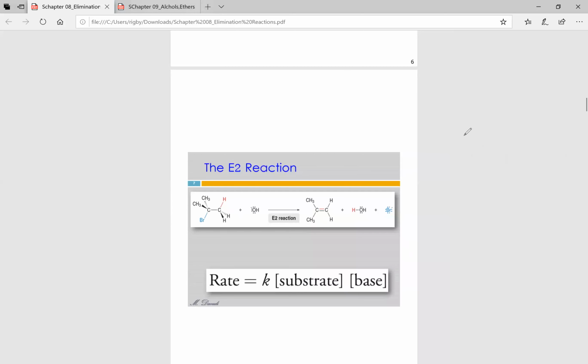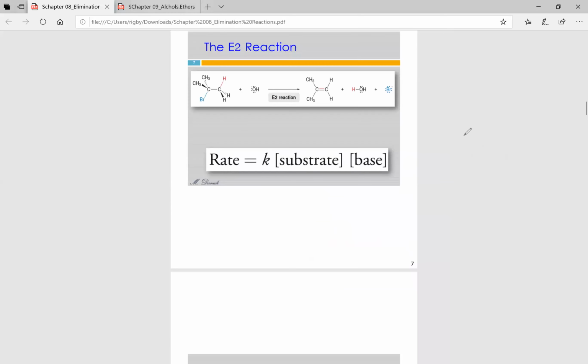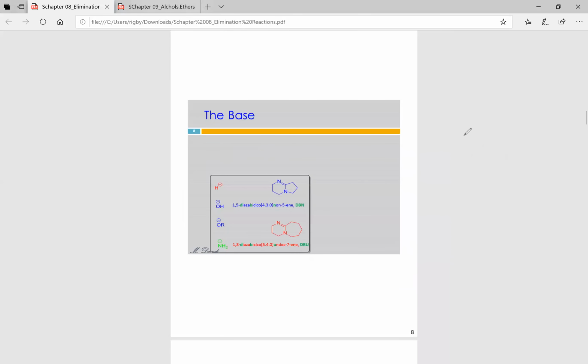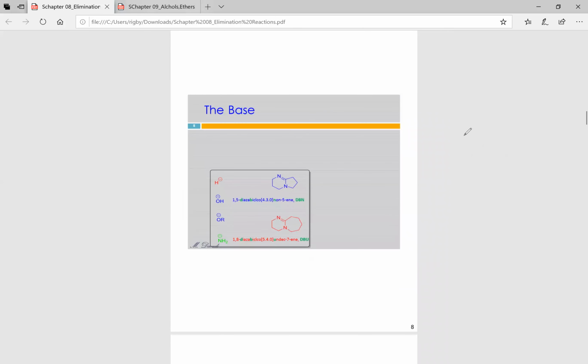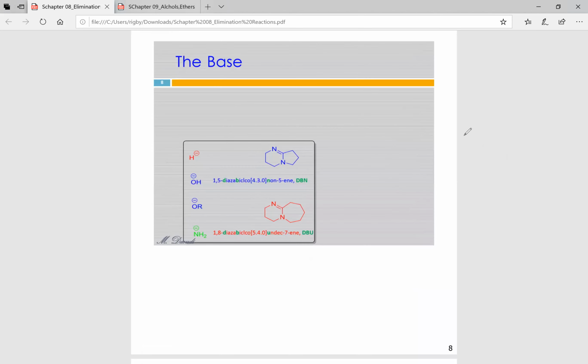Okay, so let's continue on. So here it's talking about the rate. And so now let's talk about the base that we use. The base that we use can sort of change which reaction we're going to do, whether E1 or E2 or SN1 or SN2. So E2 prefers strong bases like negative OH, that kind of stuff.